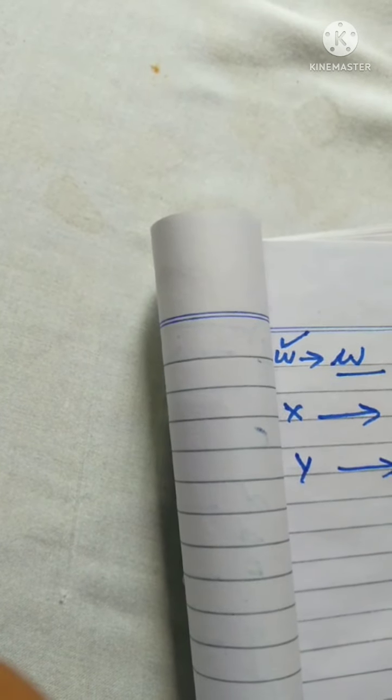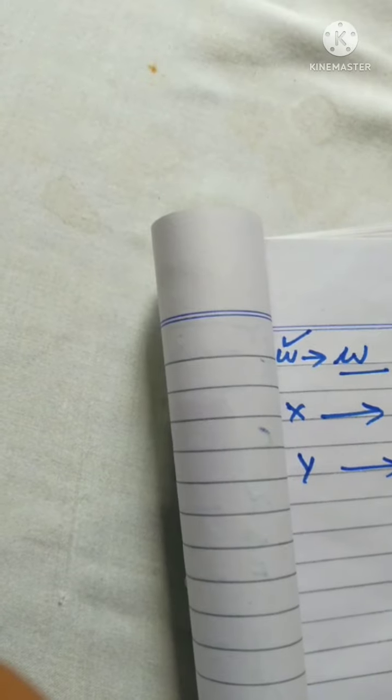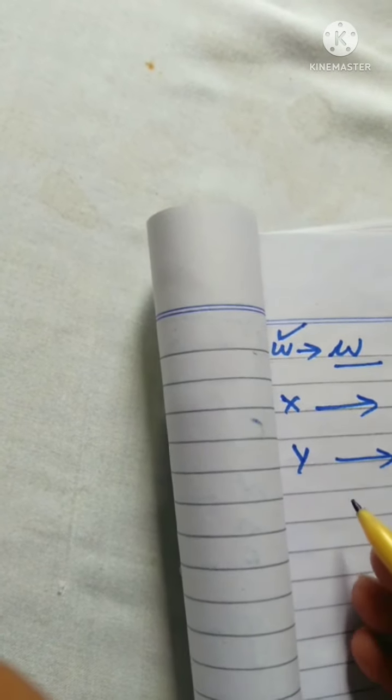Y. After X we may write Y like this. Y. Z. We may write Z like this. If you have a tail, then you have written it properly.